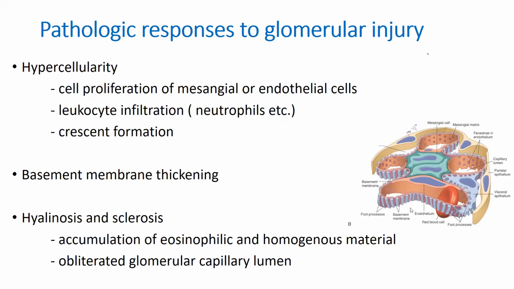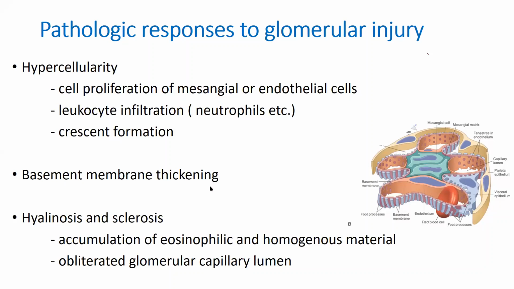Sometimes because of this injury, a lot of neutrophils and lymphocytes will start coming into the place. And if the damage happens, sometimes you get what is called crescent formation. That is, the parietal epithelial cell starts proliferating. So then you get what is called a crescent, which we will talk about later.